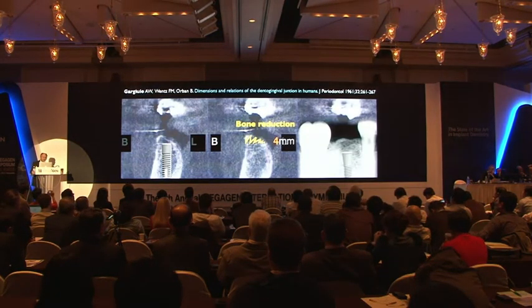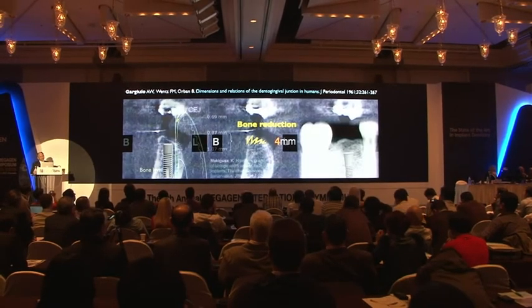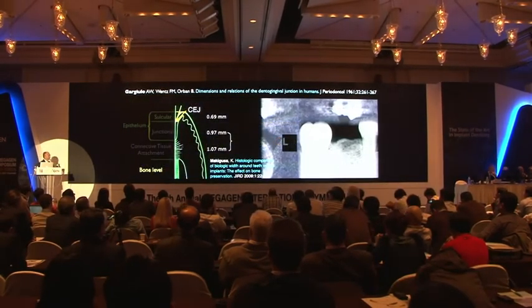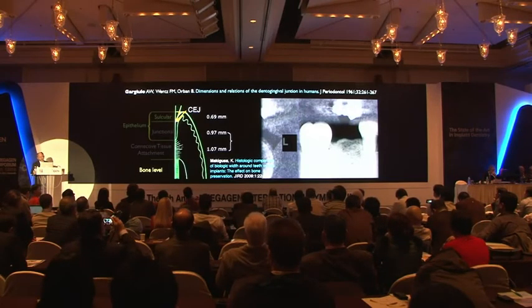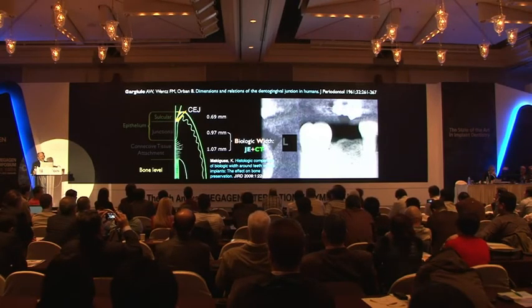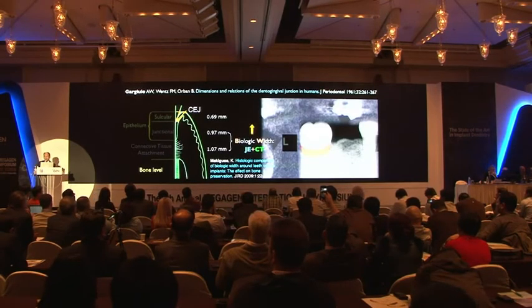So where is the biologic evidence? The biological evidence was actually published over 50 years ago. We know that for the natural tooth, we need a biologic width, which is the connective tissue and junctional epithelium, and we also need about 1 millimeter of sulcus depth.